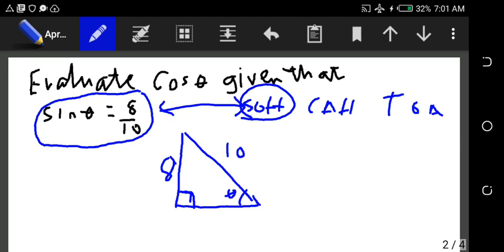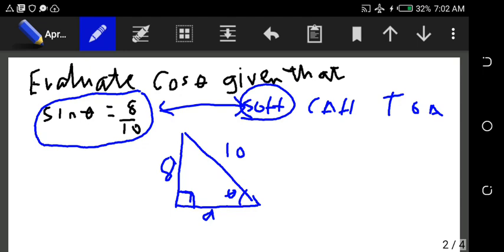Now with this in mind, we have to get the value of the adjacent side, which is missing. Let's call it a.